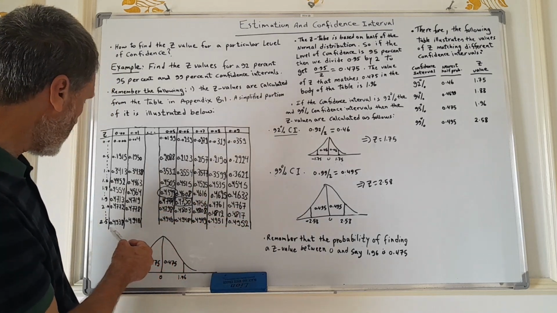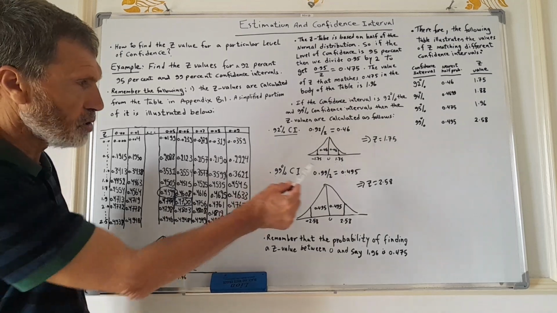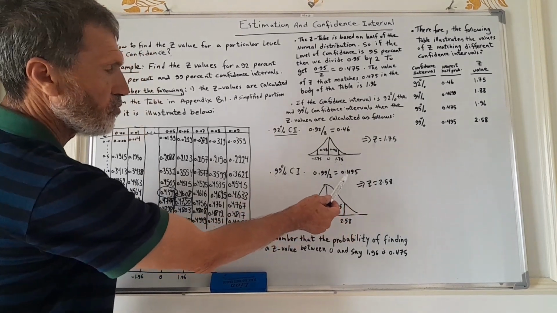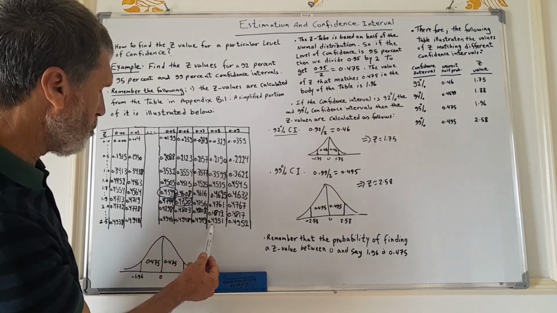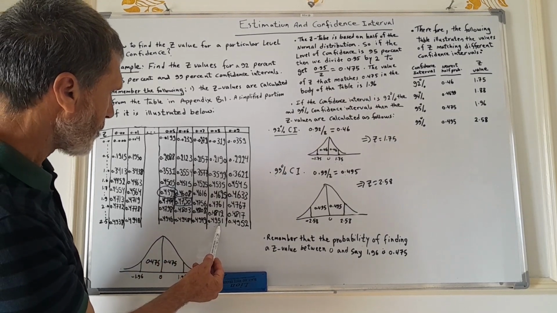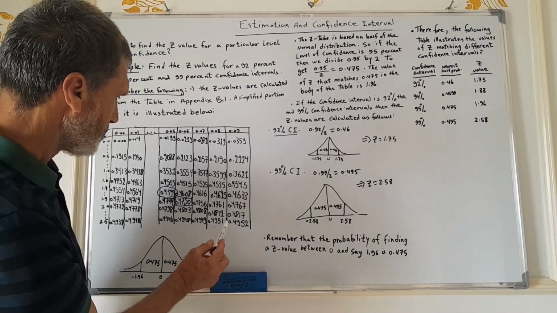It looks like we have to look for a number close to 0.495, which is 0.4951. Here.